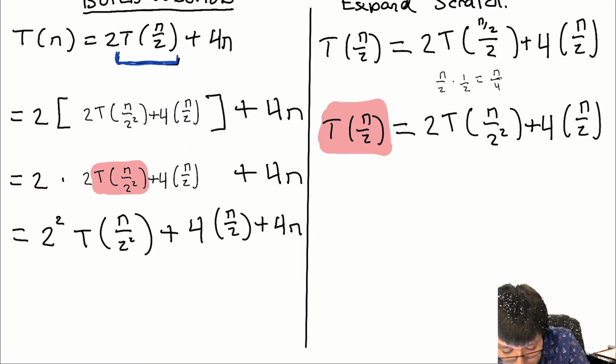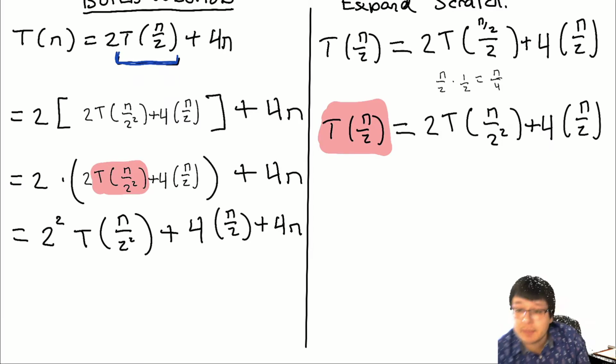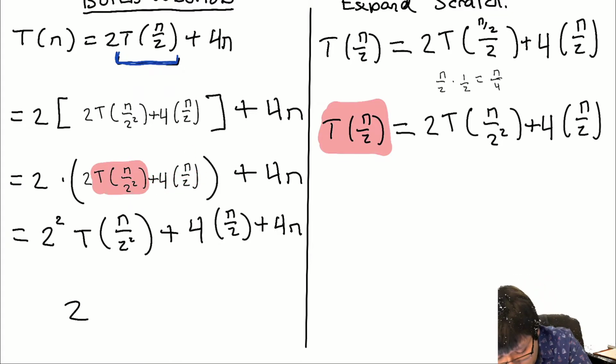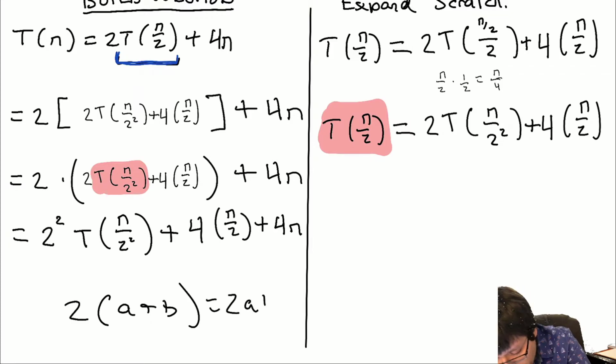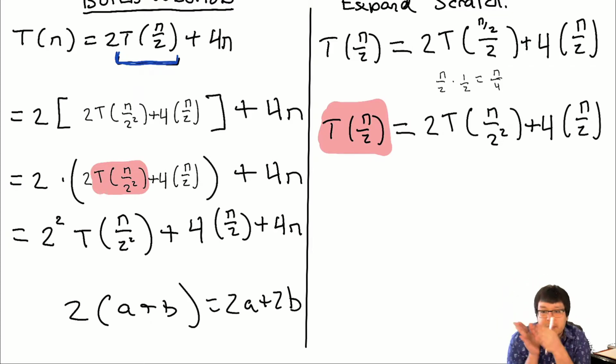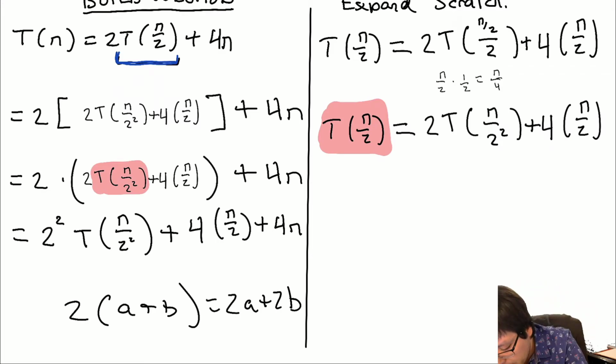I kind of misled you there, because technically speaking, this 2 here has to be multiplied times this term, which is how we got the 2 squared. But then it also has to be multiplied times this guy over here, right? Because if I have 2(a plus b), it is the same thing as 2a plus 2b. So I got to make sure I multiply the 2 times both sides. So yeah, I almost screwed that up there.